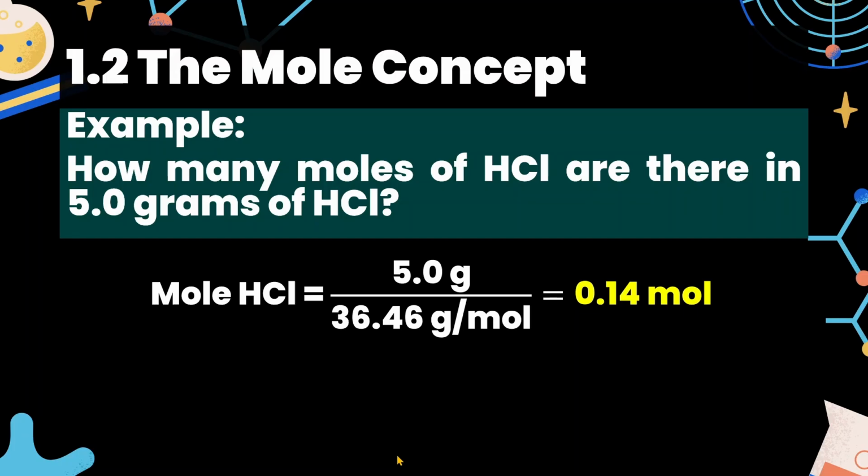Since the formula is HCl, there's only one atom for hydrogen, and for chlorine, we just add the atomic masses of hydrogen and chlorine. So we'll get 36.46 grams per mole. So the answer is 0.14. Take note that we're following the significant figures for this. We'll only have two significant figures, following the least significant figure for 5.0. Okay?